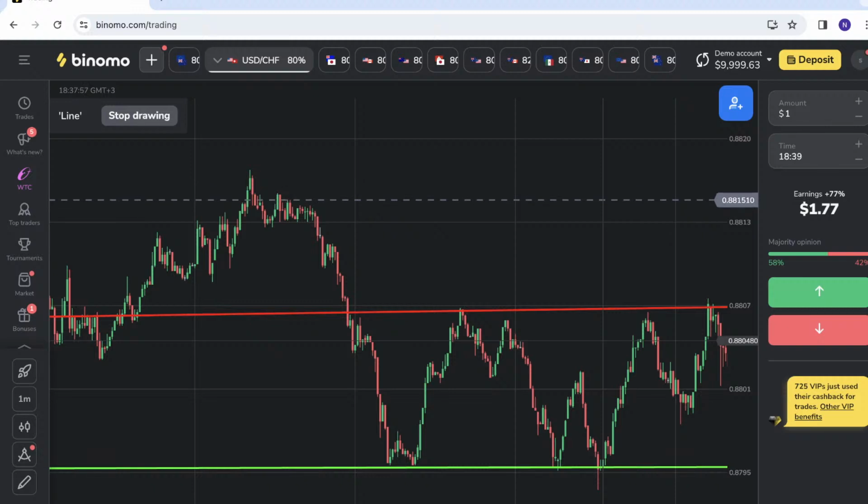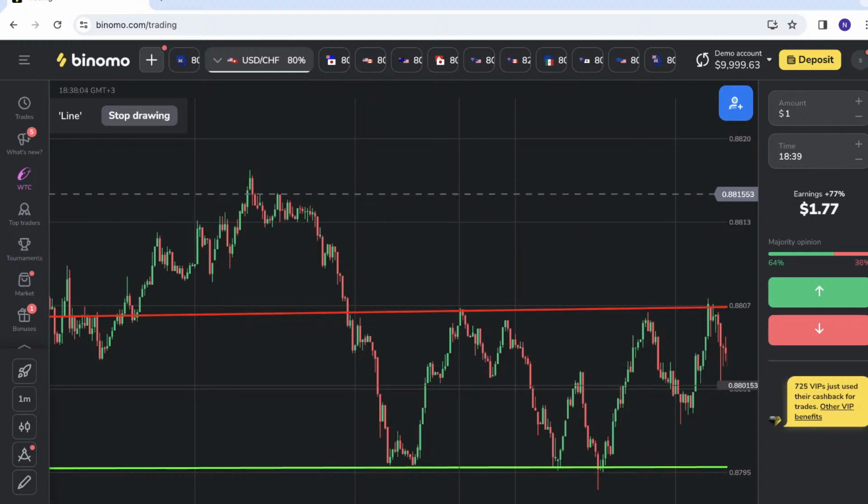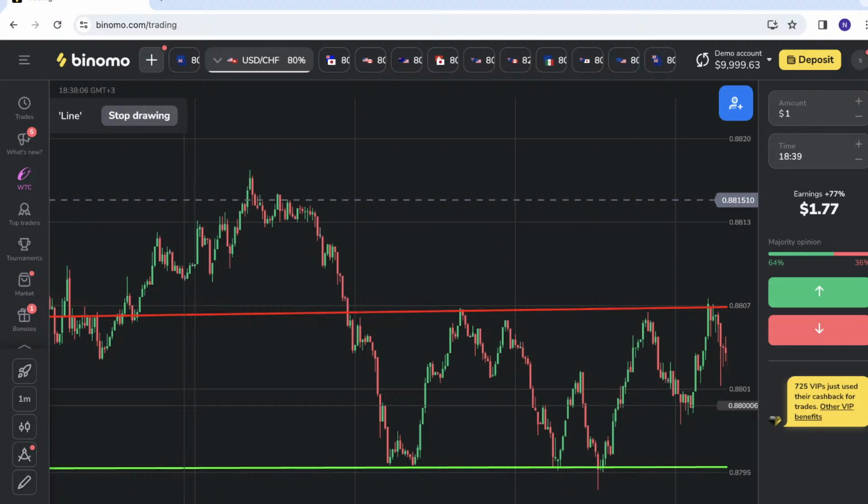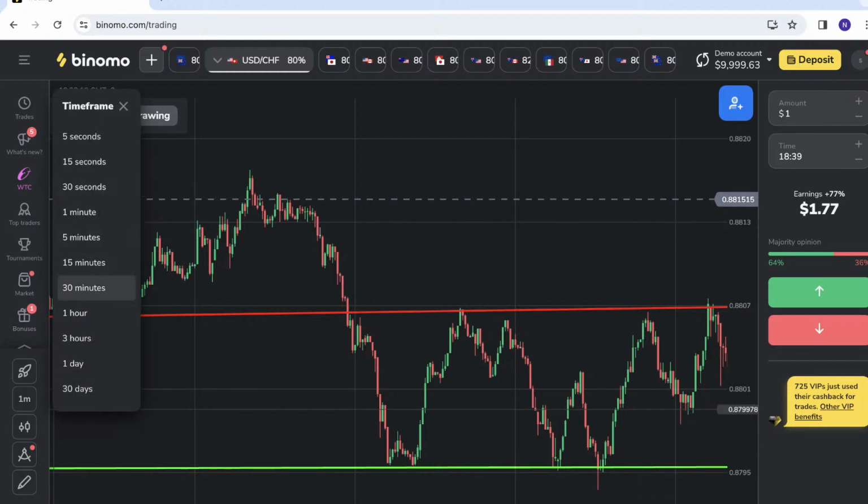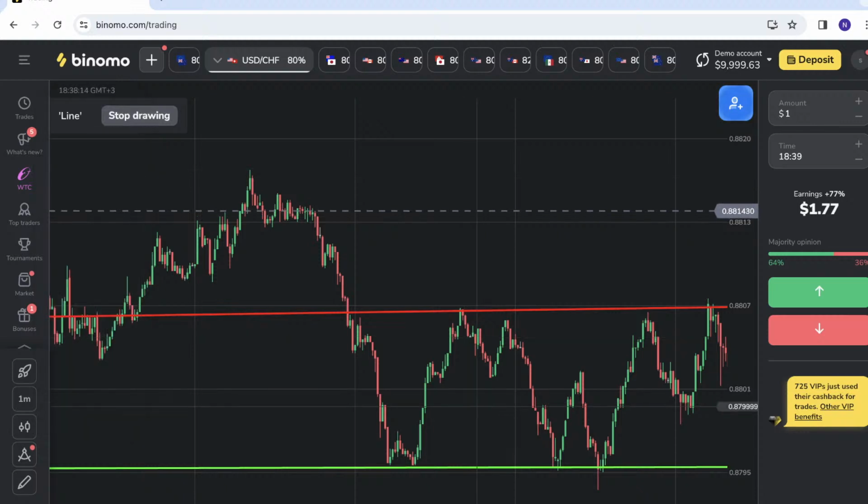Now, dear traders, I'm looking at the 1 minute time frame. You can use support and resistance lines in different time frames. You can choose 1 minute, 5 minutes, 15 minutes, and 30 minutes. I advise you to use support and resistance lines in higher time frames because it will be easier to draw these lines, because in small time frames price moves very quickly.